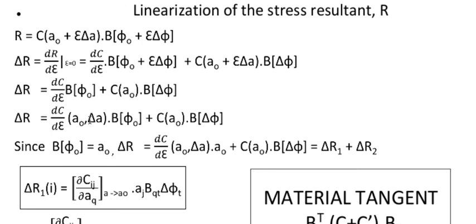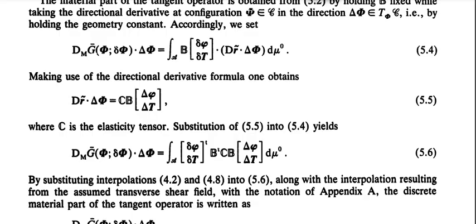Because the expression of C is nonlinear, when we substitute within C, A and A naught, just by making epsilon equal to 0, all the delta A terms won't go away, because there are some nonlinear terms also. So we will have dC by d epsilon as a function of A naught and capital delta A. Then this will be dotted with B of phi naught plus C of A naught B delta phi.